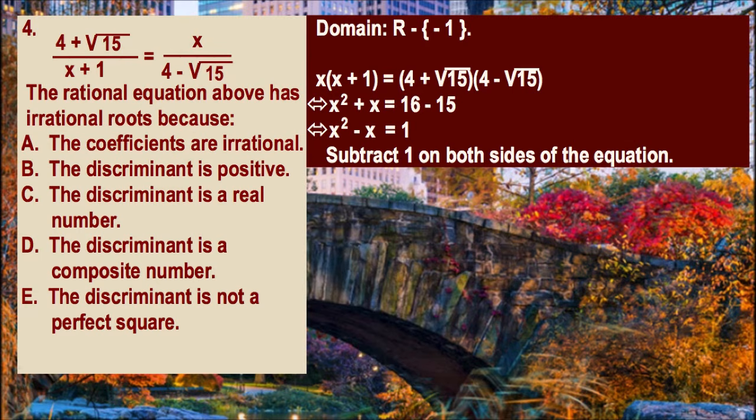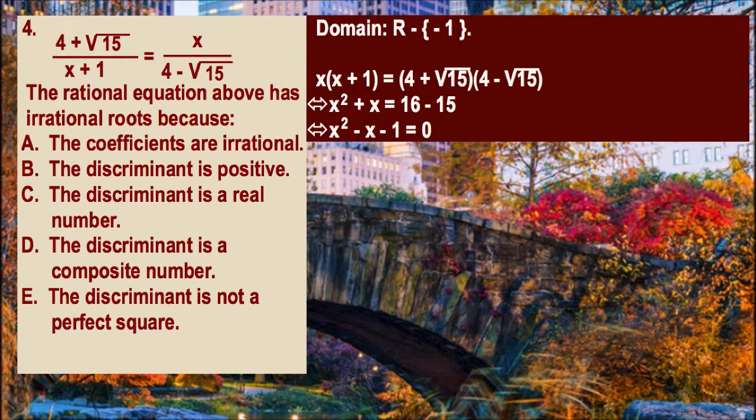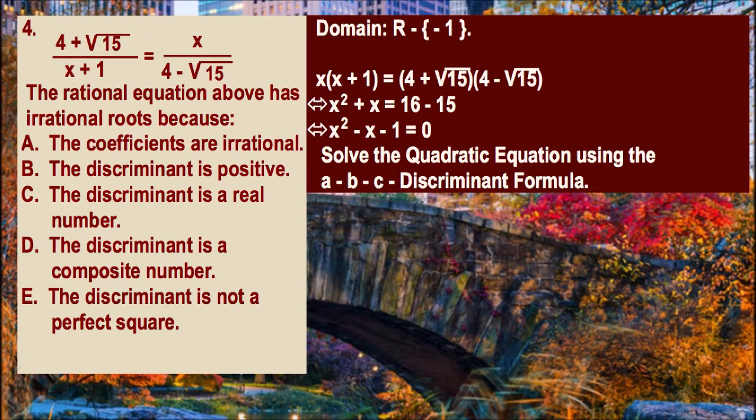Subtracting 1 on both sides of the equation results in an equivalent x squared plus x negative 1 equals 0. Now, let's solve the quadratic equation using the ABC discriminant formula.